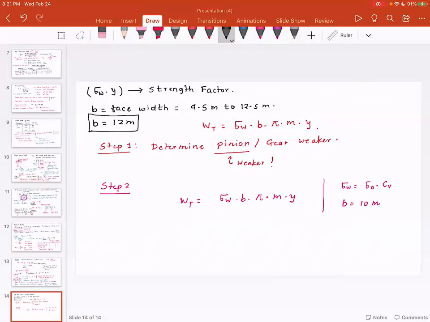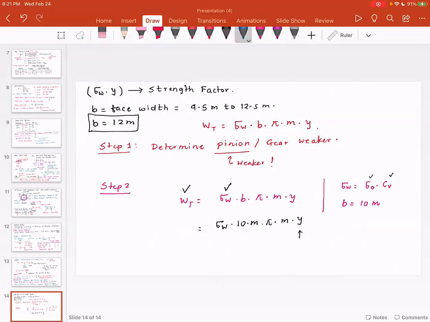So now if you think about it, the left hand side of the equation is known, WT is known, sigma W is known because we know the value of velocity factor. We looked at the table and found out the value of sigma O. I'm going to replace B as 10 times M, then pi multiplied by M, and we already found out the value of Y to see the strength factor, to see which one is weaker.